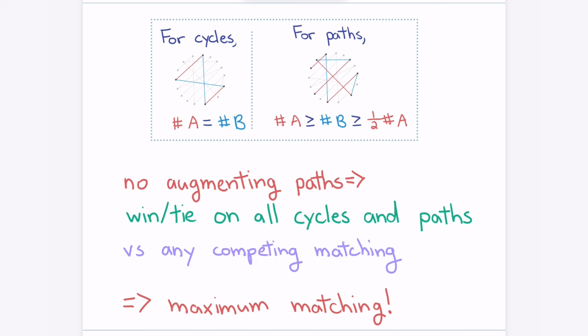But there are no augmenting paths. So in all of these paths, we're actually tied with red. So if there are no augmenting paths left, you're already tying on all the disjoint cycles, but you're also tying on all the alternating paths. You add that all up, and now you're equal.